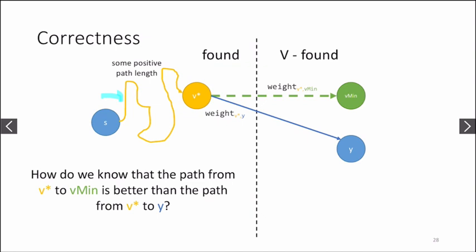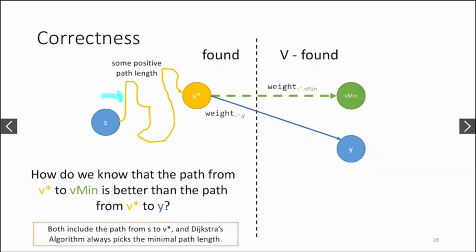Let's start by comparing these two. How do we know that the path from V star to Vmin is better than the path from V star to Y? That one's actually very easy to look at because both include the path from S to V star.